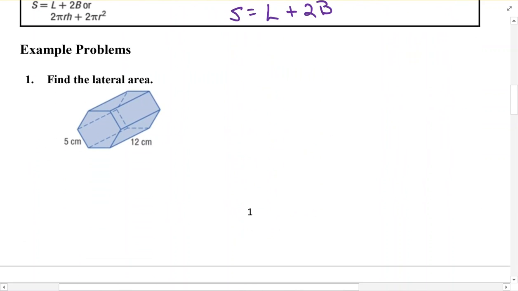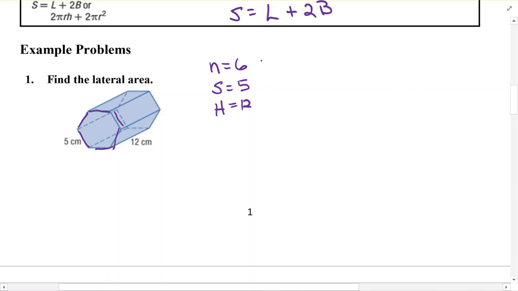Let's look at a few example problems. For the first one, we're just going to find the lateral area. We know that the number of sides we have for the bases are 1, 2, 3, 4, 5, and 6. The length of the side is 5, and the height of the prism is 12.